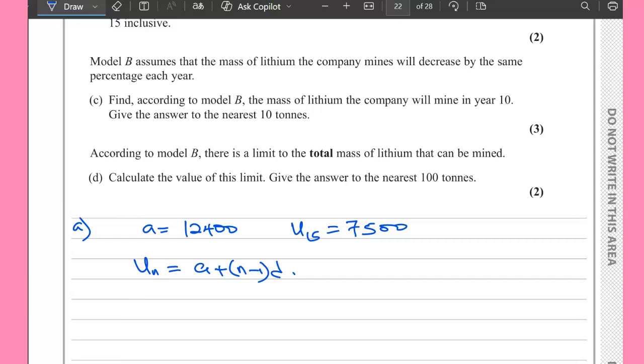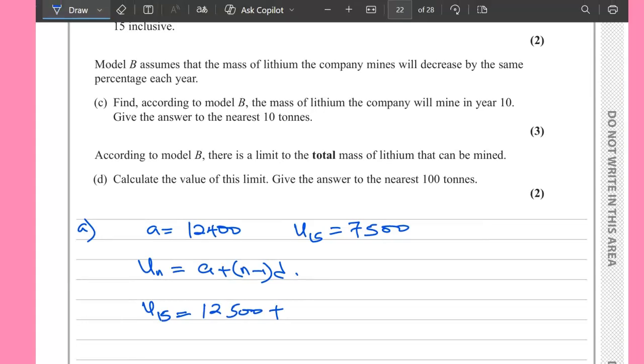So this means that the 15th term will be equivalent to 12,400 plus, n is still 15, so this one will be plus bracket 15 minus 1 multiplied by d, and this one should be equal to 7,500.